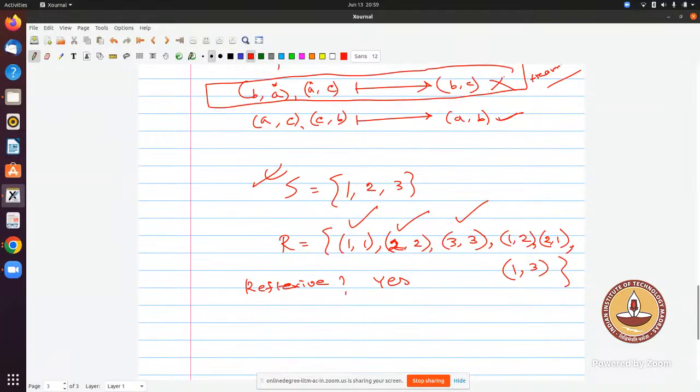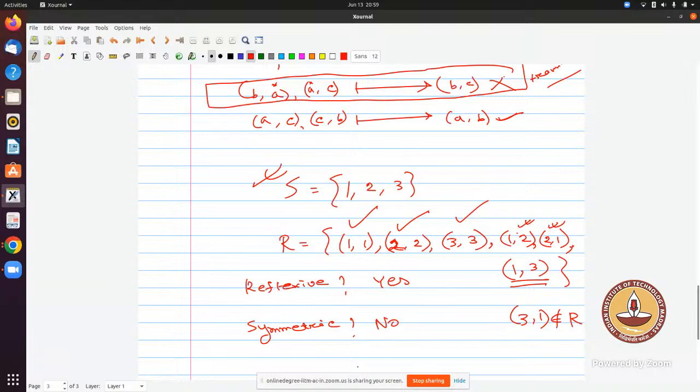Okay? Fine. Is it symmetric? No. 1 comma 2 is there, 2 comma 1 is there, that is fine. But 1 comma 3 is there, and 3 comma 1 is not there. So it is not symmetric. Is it clear? Yes, sir.